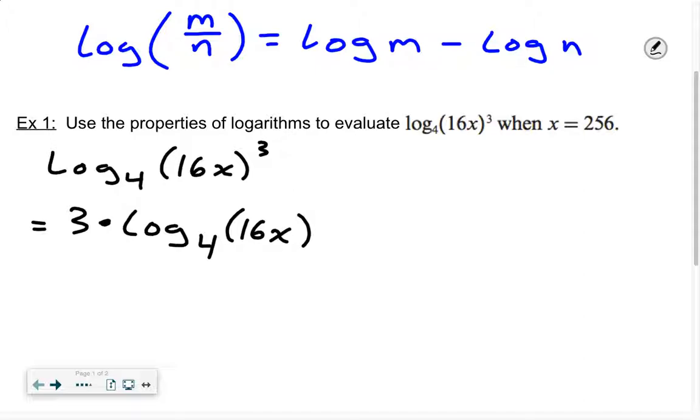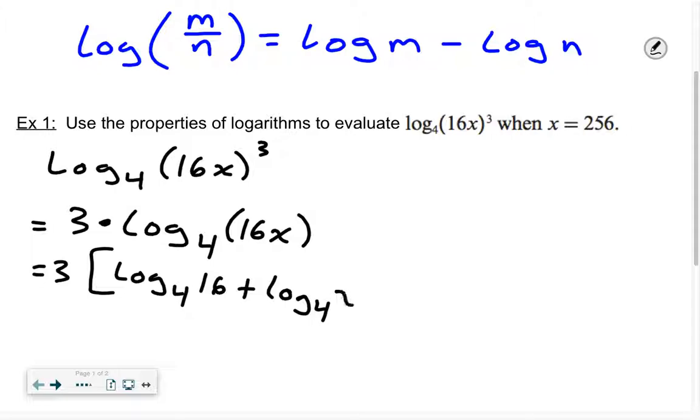We could do that. Let's go ahead and separate these out though. 3 times the log base 4 of 16 plus the log base 4 of x.